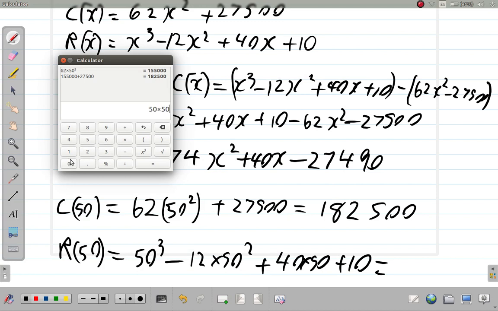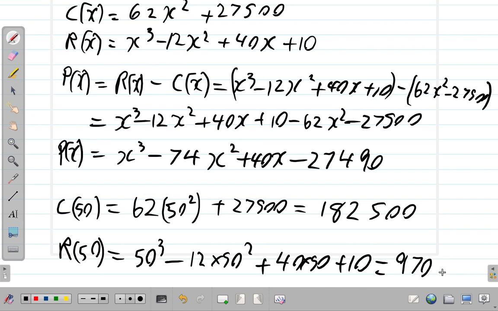It's really 50 by 50 by 50, equal, minus 12 times 50 squared equal, plus 40 by 50 equal, plus 10. So we have 970,010.